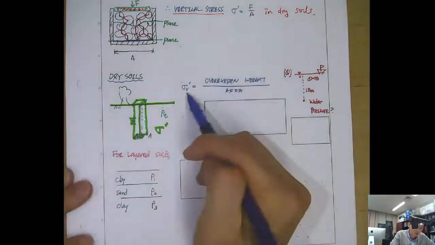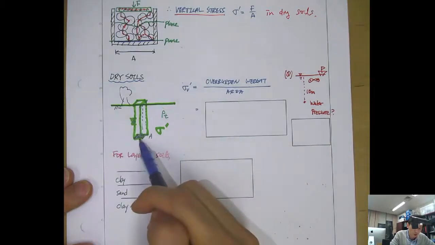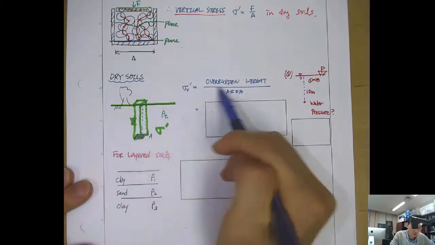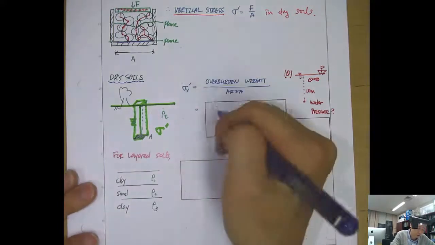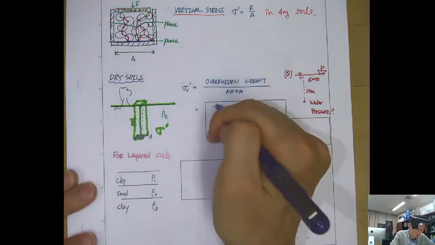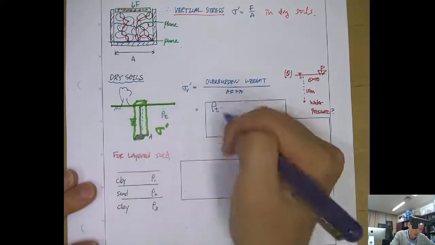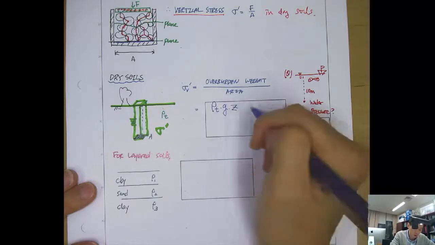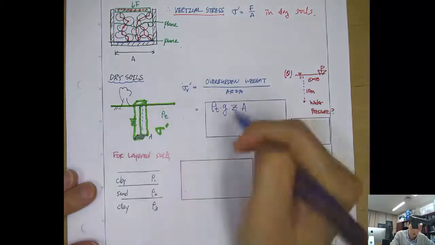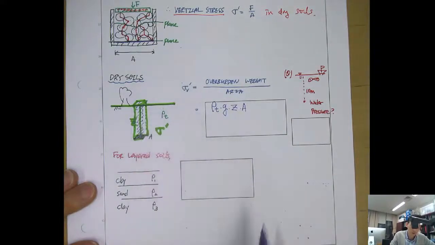Then the vertical effective stress applied on this plane A will be the overburden weight divided by the area. So we can think of rho T, the total density of this soil, and g, and Z, and A. Z times A will be the volume of the soil, right?